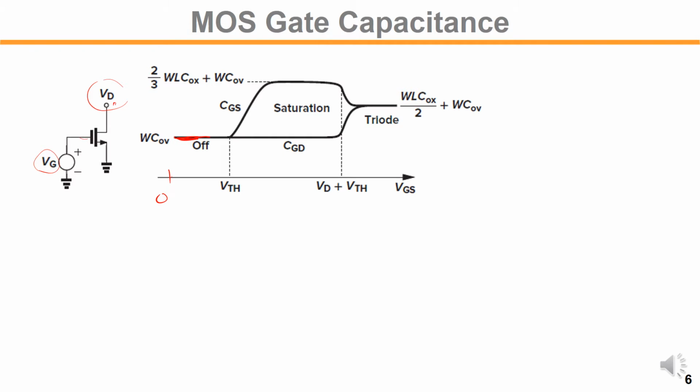Once the gate voltage is higher than the threshold voltage VTH, the channel underneath the device will start forming, so the capacitance will get larger and larger. Once you strongly invert the channel, you get a stabilized capacitance. That is given by two-thirds of WL times COX and the overlap capacitance.